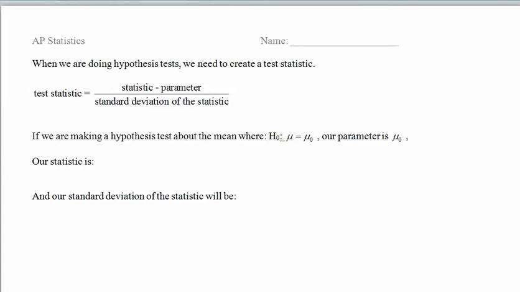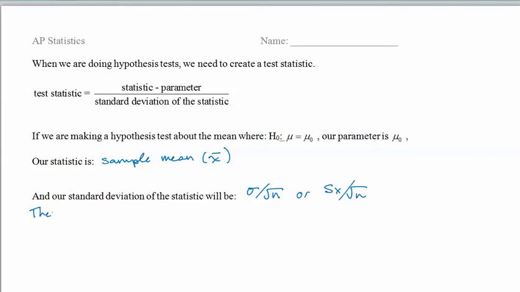And so if we were making a hypothesis test about the mean, where H naught is that the mean equals mu naught, our parameter is mu naught, and our statistic is the sample mean, which is x bar. And our standard deviation of the statistic will be either sigma over square root of n or Sx over the square root of n.